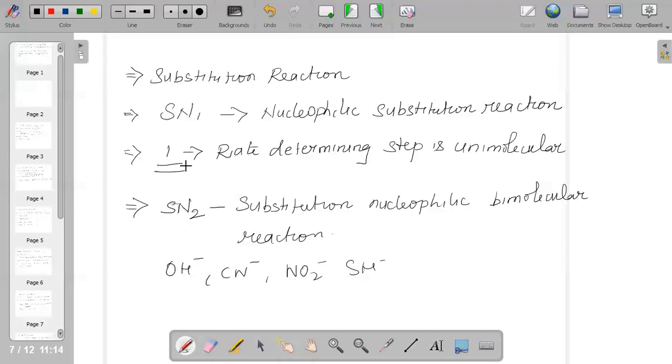In this reaction, the nucleophile will attack the positively charged carbon and the halogen will leave as the leaving group. So it is a one-step reaction. Both the attack of the nucleophile and the exit of the halogen take place simultaneously. In this, like the SN1 mechanism, we see inversion of configuration.